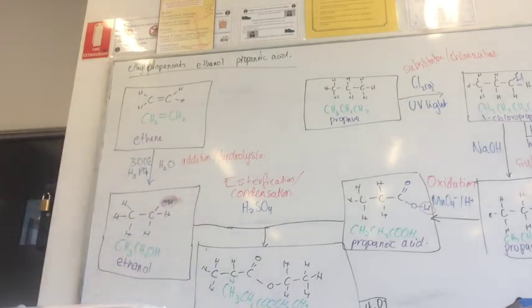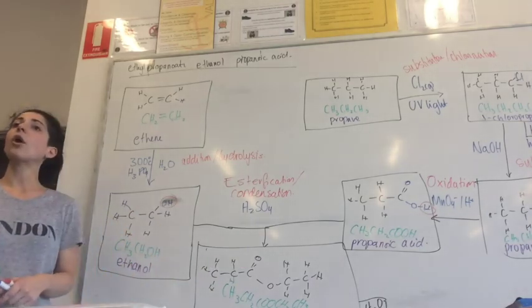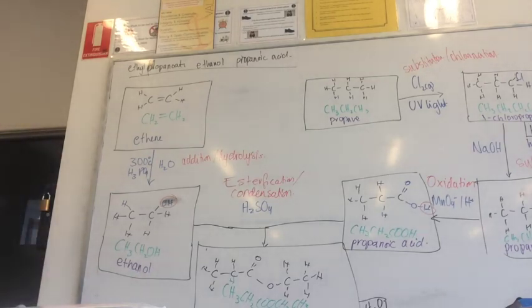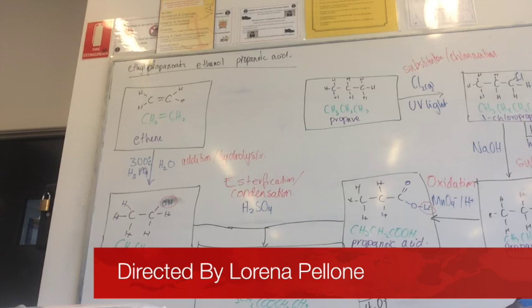Do you need to put the bond between the C and the O in there? I've asked them about that. You can choose to put it in, they don't take marks off if you don't. Only if it's between carbon and carbon. They said it's not necessary.